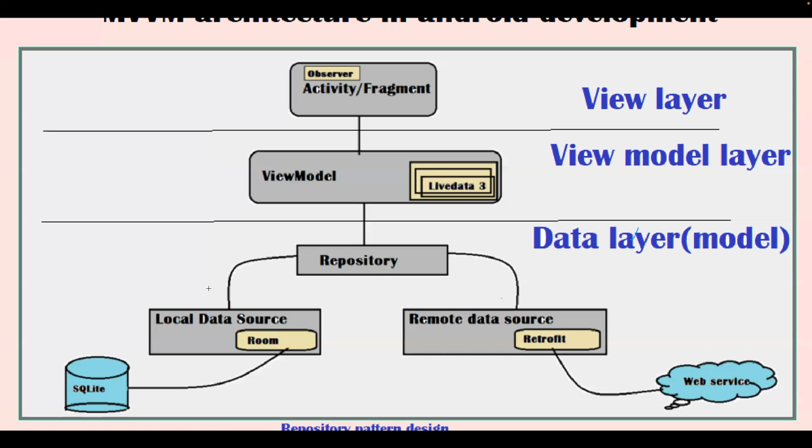Since the repository handles all these ways, I will write the repository class as an abstract class. The abstract class only defines the methods. The implementation we can write based on the sources.